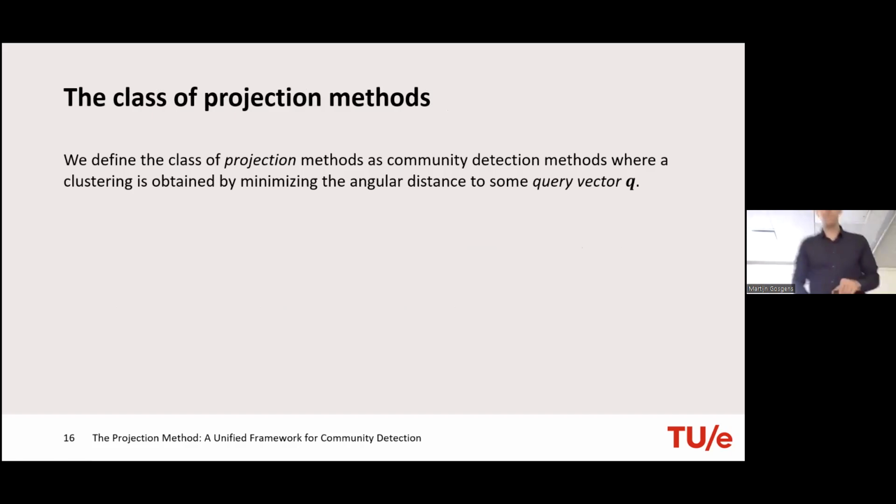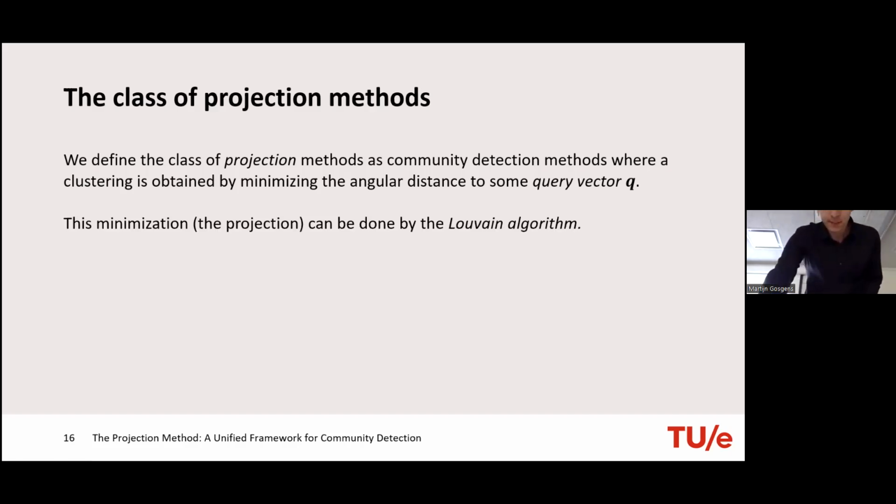We call the vector that we map the graph to the query vector, because you're querying which partition is closest to this vector. So you're searching for the nearest neighbor of this Q. We can do this minimization step, the projection, using the Louvain algorithm. This can be easily modified to minimize these distances.